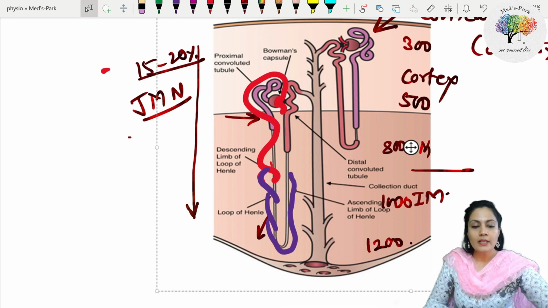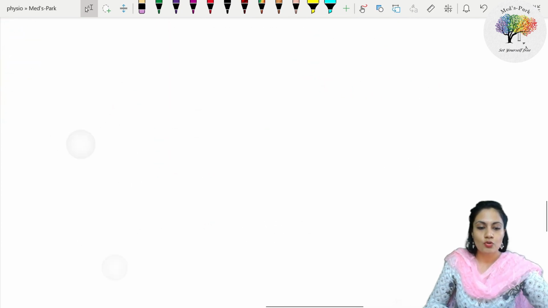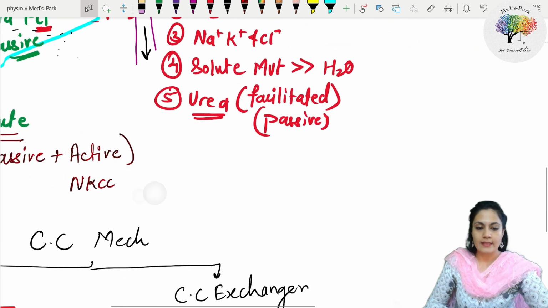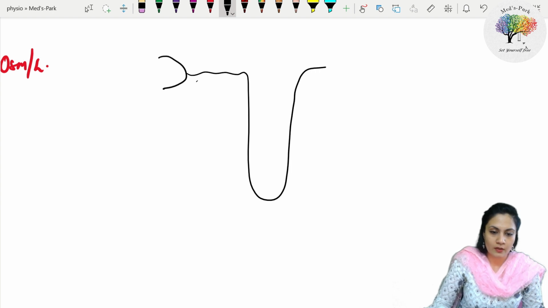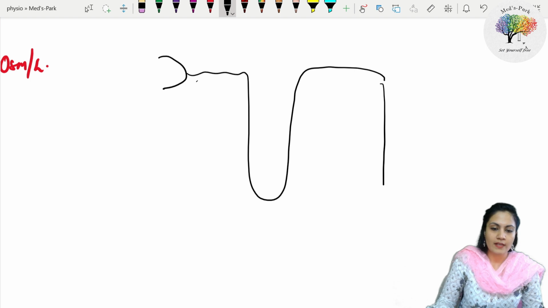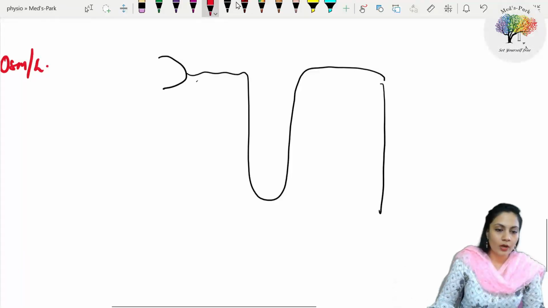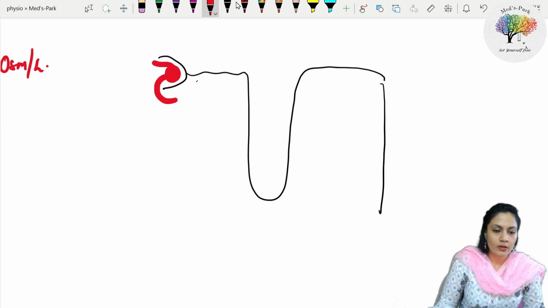Now how are these vasa recta helping us to maintain the osmotic gradient? Let's see that. Whenever we talk in terms of vasa recta, first of all, we have to understand the path of the vasa recta. So let's draw it. Suppose this is the nephron. This is the afferent arteriole, which forms the glomerulus, then the efferent arteriole, and then the peritubular capillaries.